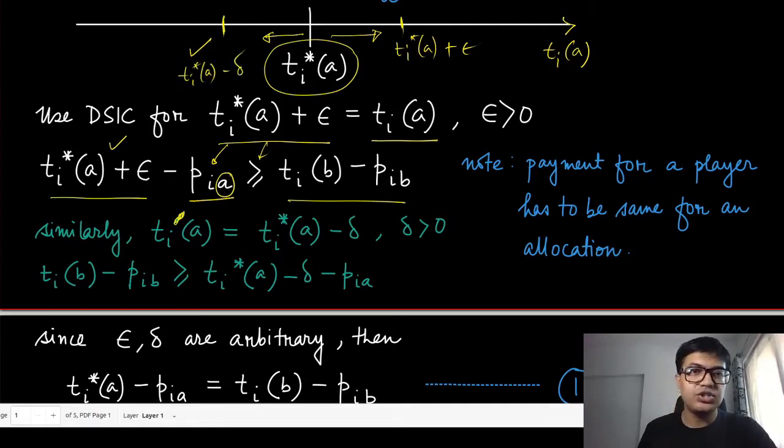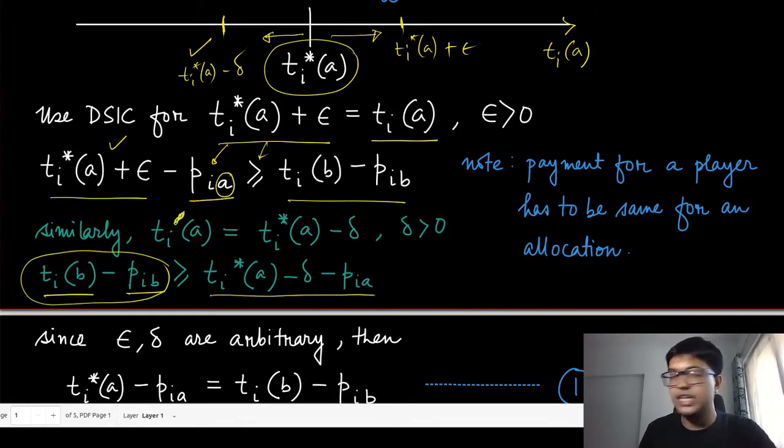So here if you reveal your type truthfully, then the outcome becomes B, and because in B your type is the same as Ti of B, which we haven't changed, the valuation becomes Ti B if he reports truthfully, and the payment would be Pi of B. So this utility is the utility when this agent i is being truthful, and the right hand side is, suppose he reveals something else.